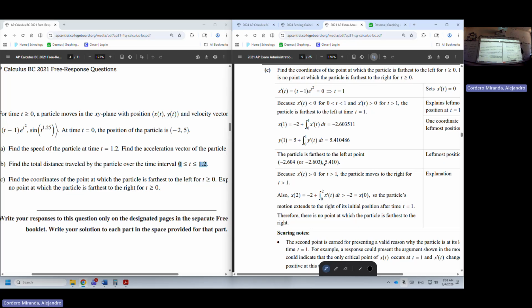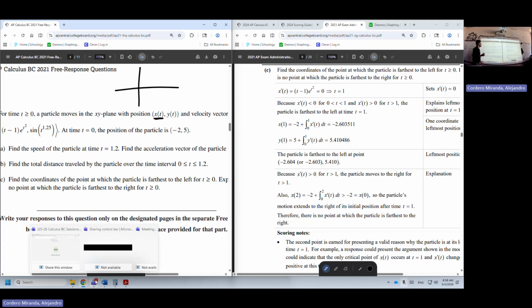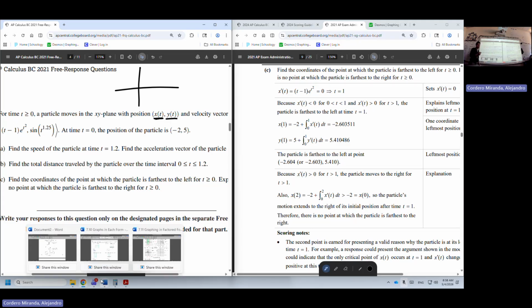But if it's talking about finding the point furthest to the left, then that's talking about the position, and it wants the x coordinate to be as small as possible. I hope you agree. This is a particle moving around on the plane, and the horizontal movement is given by the x of t, and the vertical movement is given by the y of t.